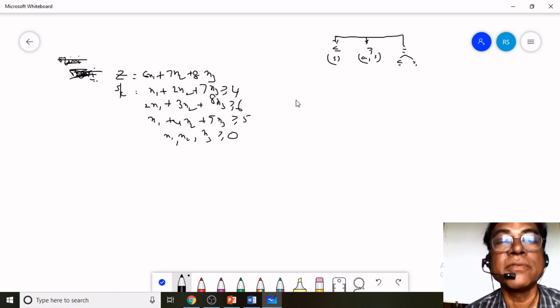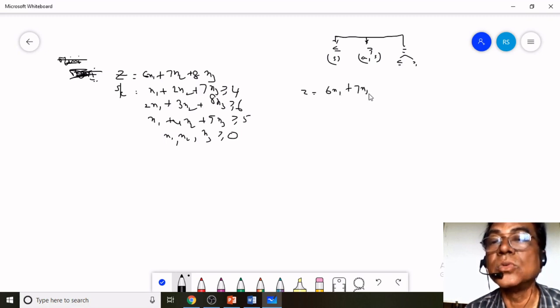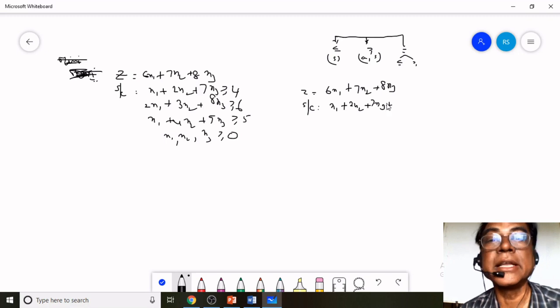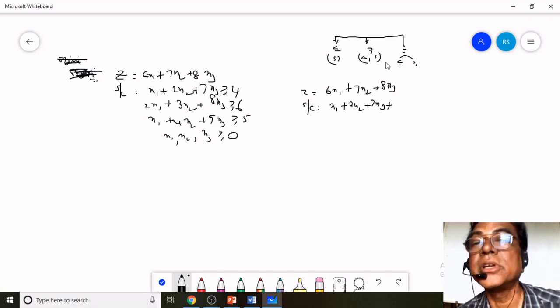So what is the first thing to write down? Z is equal to, first you write the equation as it is, 6x1 plus 7x2 plus 8x3. Now subject to constraint equations: x1 plus 2x2 plus 7x3, this greater than or equal to. Greater than means you have to take the artificial and slack variables.